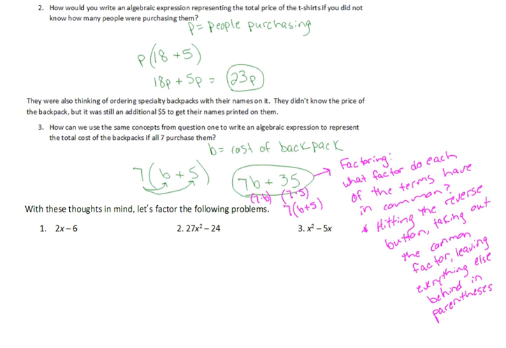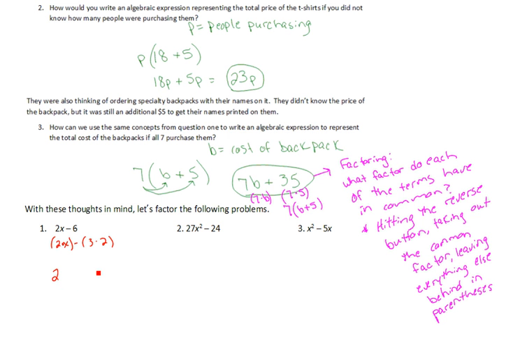So again, with these thoughts in mind, let's look at 2x minus 6. What factor do they both have in common? Well, looking at 2x, we could rewrite that as 2 times x. Looking at 6, we could rewrite that as 3 times 2. So what factors do they have in common? They have a 2 in common. So I am going to take that 2 out.